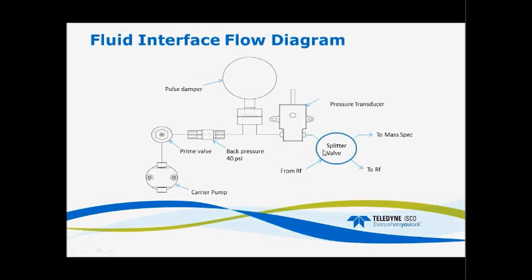On the other side of this splitter valve is a carrier pump, a pulse damper, and a pressure transducer to monitor pressure in the line, and then a short sample aliquot that is switched from the RF flow stream into the mass spec carrier pump flow stream, and the sample is sent to the mass spec, ionized, and pulled into the mass spec from the probe.